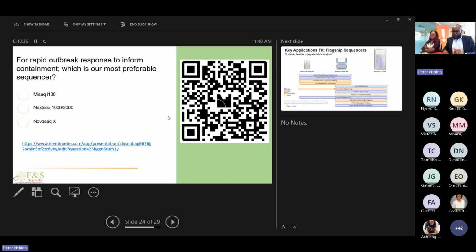Maybe another quick question. For a rapid outbreak response, where you need to inform containment, which is the most preferable sequencer? Is it the MiSeq i100, the new platform from Illumina? Is it the NextSeq 1000 or 2000? Is it the NovaSeq X? Again, feel free to drop your responses in the chat.